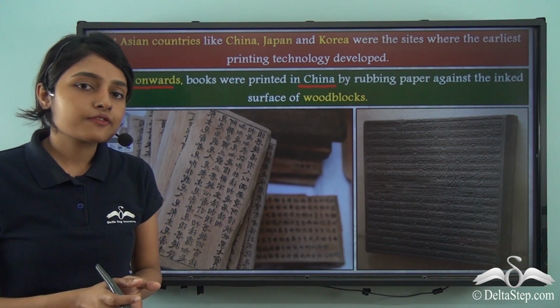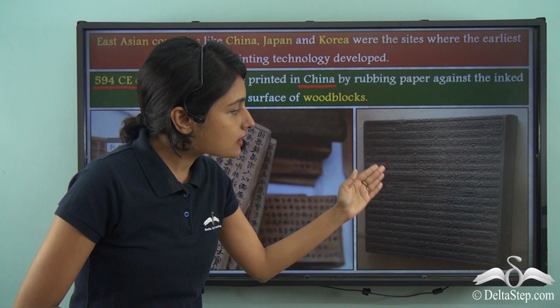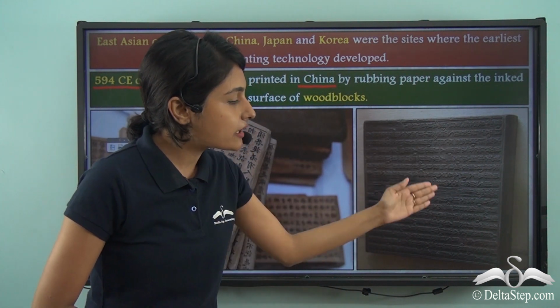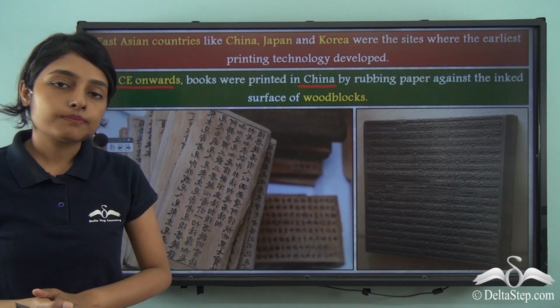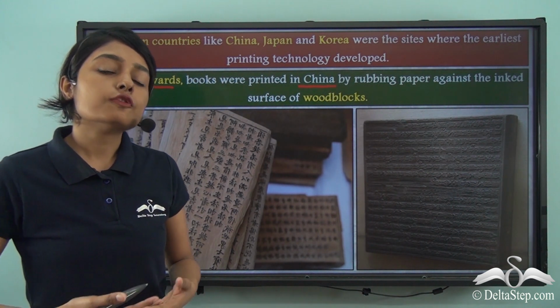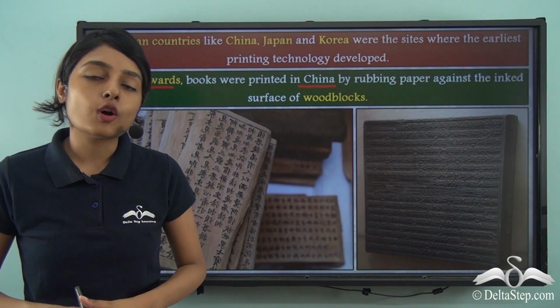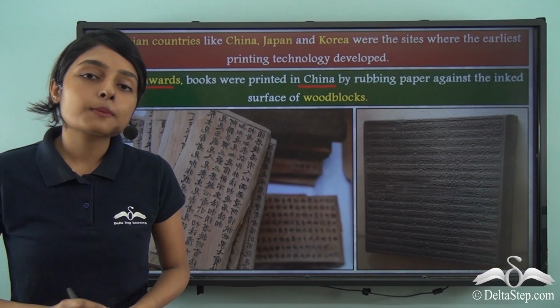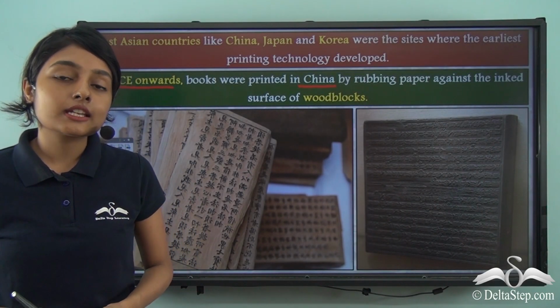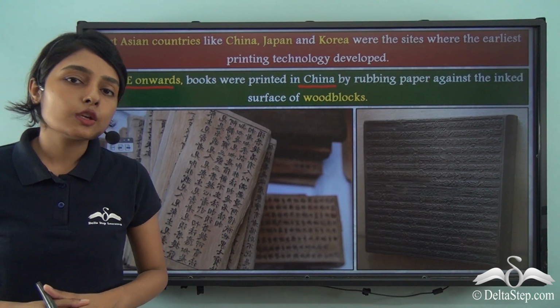And in the process of this, the ink transfers these writings or these engravings on the paper. So this is the way in which woodblock printing came into being 594 CE onwards in China. And woodblock printing is the first printing technique to have ever evolved in the world.